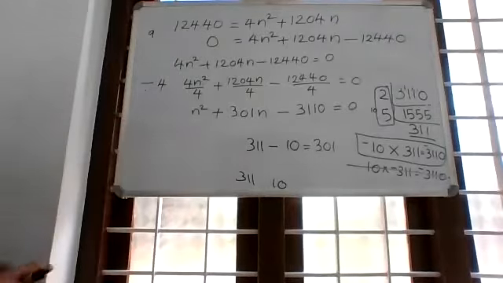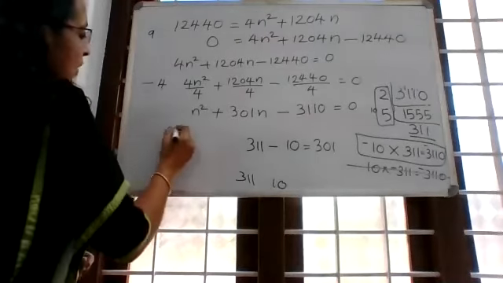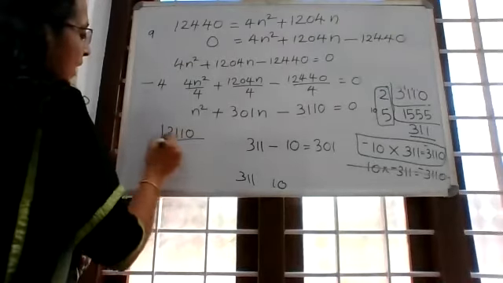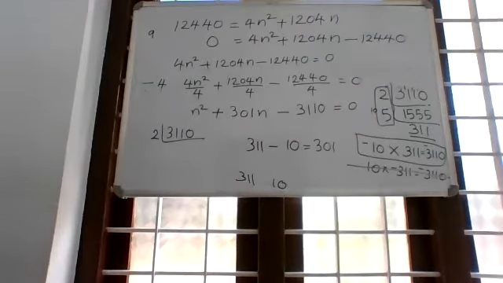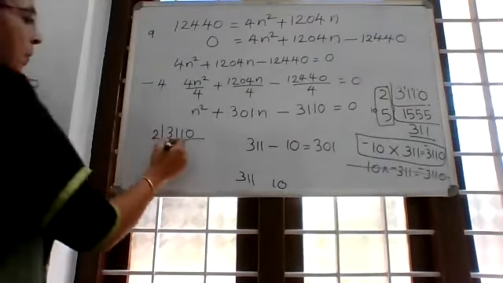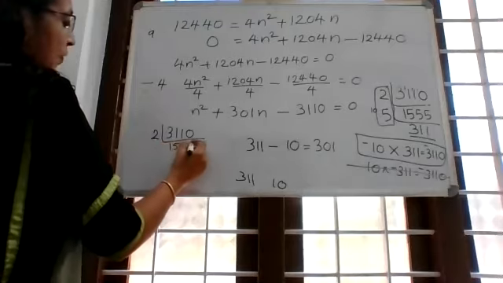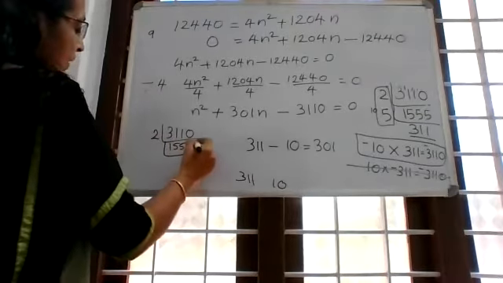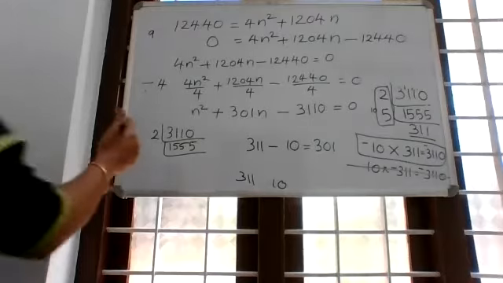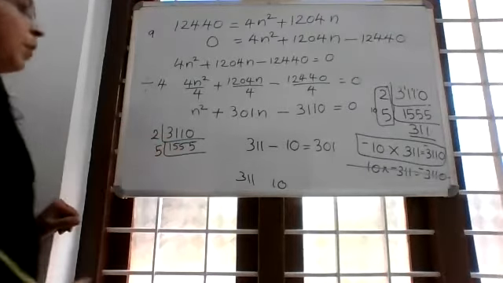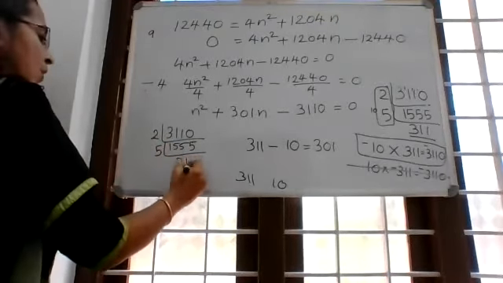Factorize 3110. So 3110 divided by 2. First, the least prime number 2. So divide by 2, it will become 1555. Again, it will not be possible with 3, so take the next prime number 5. So 5 into 311.